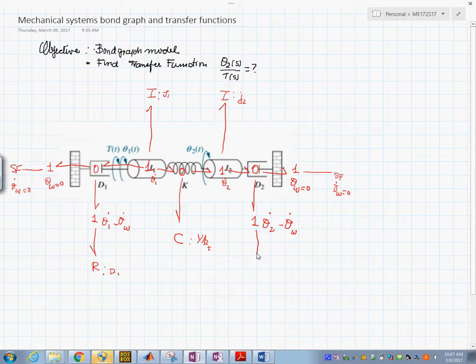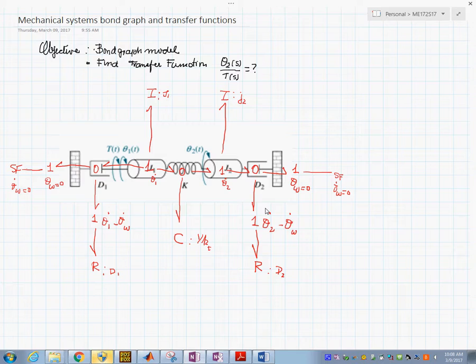And attached to this, we have the R element with value d sub 2. So you can see, by writing the bond graph model on the system, normally I don't do this to begin with, but since you have a little practice now, it is time that we move on and do it in one-to-one correspondence with the system.